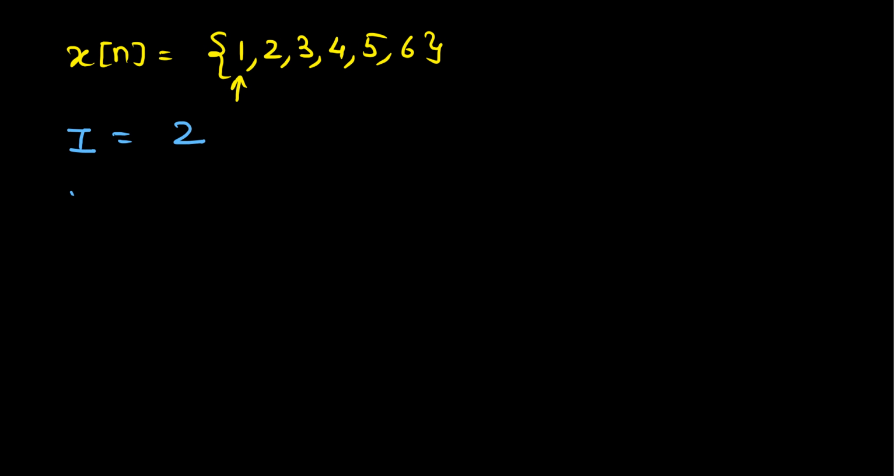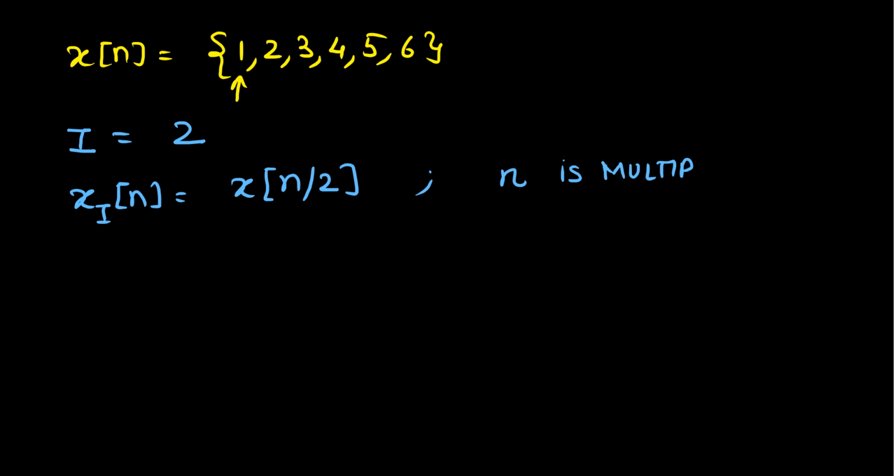So what we need to find is xi of n, which is defined as x of n by 2 if n is a multiple of I. Here I is 2, so n is a multiple of 2, and it is equal to 0 otherwise.